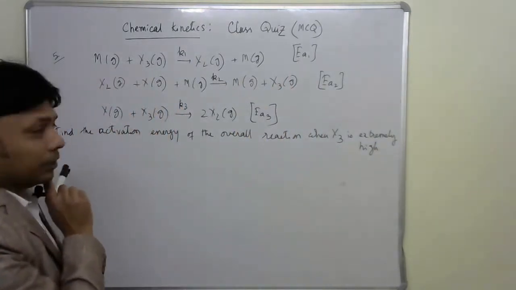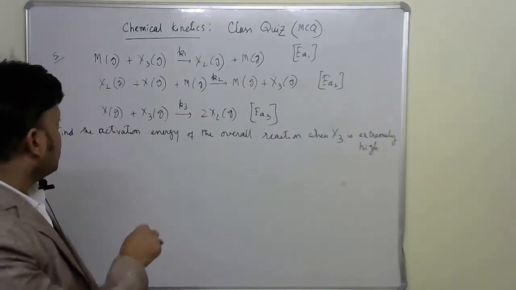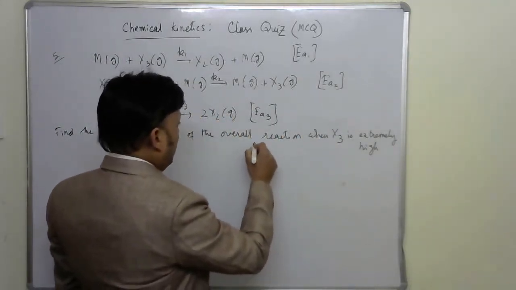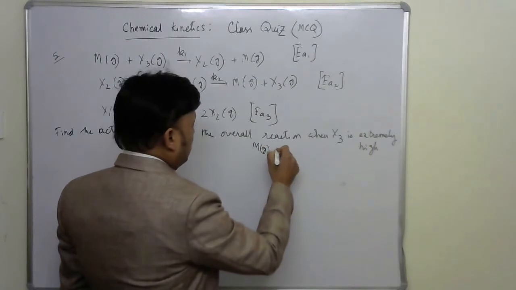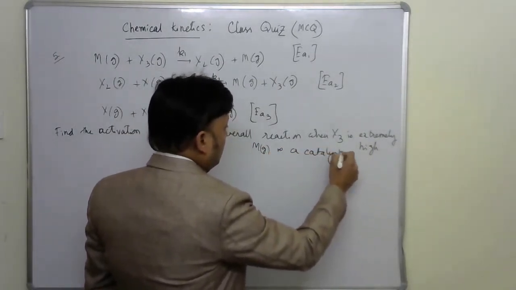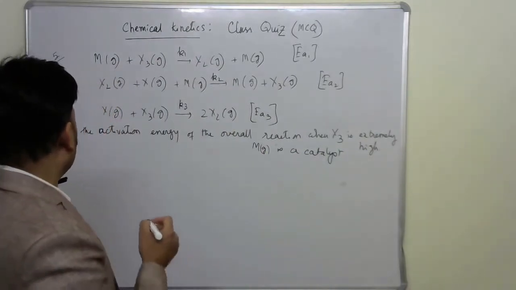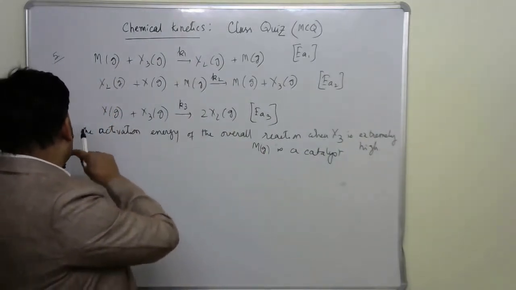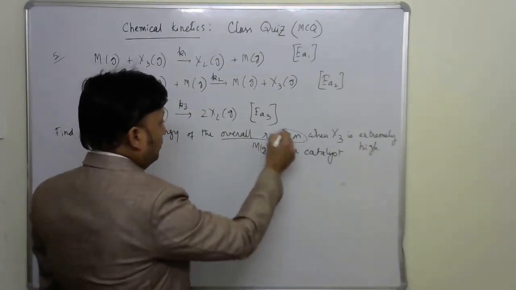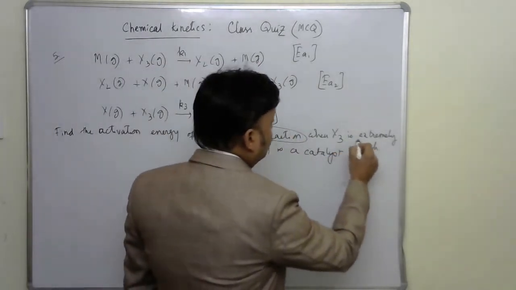The question also says that M is a catalyst, and it asks you to find the activation energy of the overall reaction when X3 is extremely high.